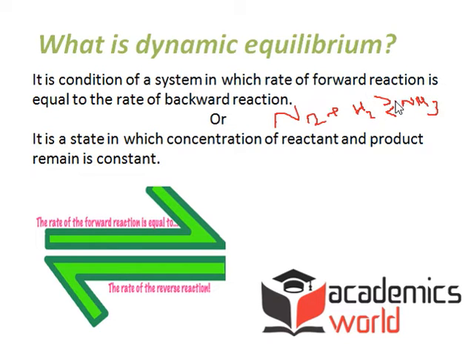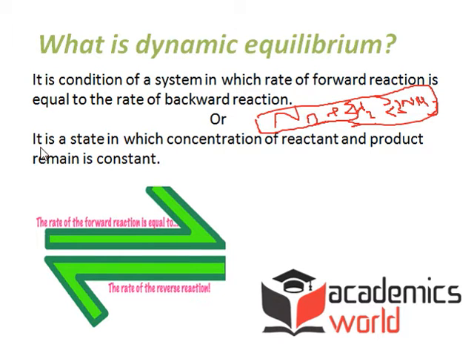So we balance this. This is an equilibrium reaction we have seen in chapter 1, and this is a condition of a system in which the rate of forward reaction and backward reaction are equal.